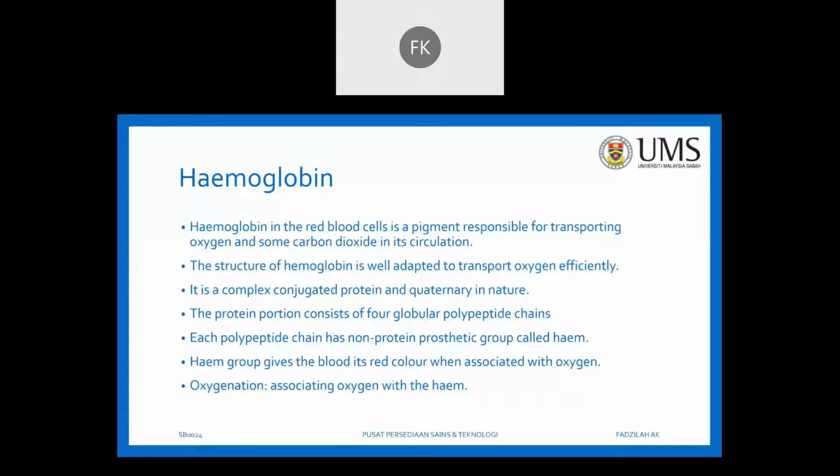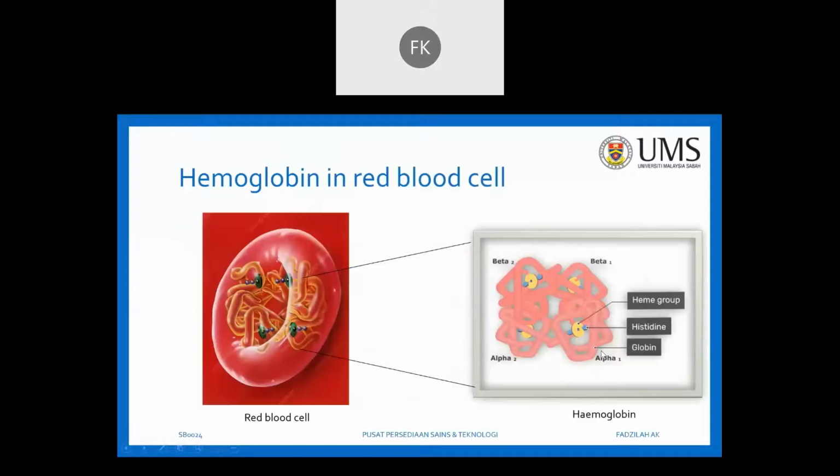You should be able to know what oxygenation is and what oxidation is. Oxygenation and oxidation are not the same. This is a picture of a red blood cell. Inside the red blood cell, we have the hemoglobin pigment.